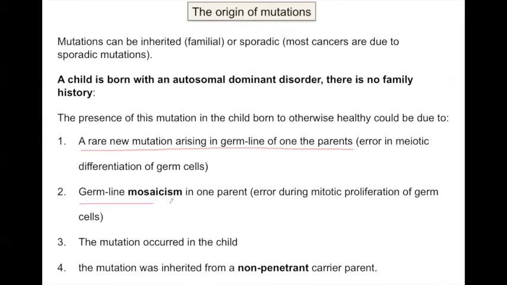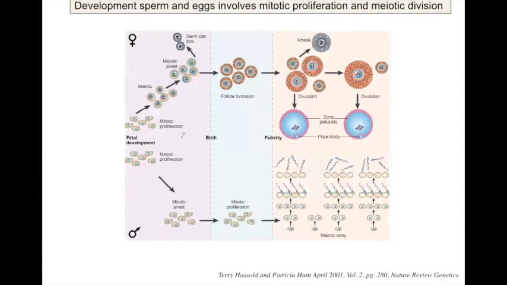Germline mosaicism, this means that the parents effectively have 2 genetic makeups. That can be an error during mitotic proliferation of the germ cell. The mutation, of course, could also occur in the child. What we see here is the development of the female and male gametes.